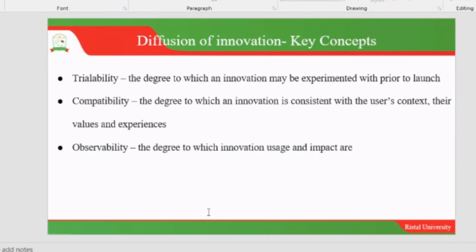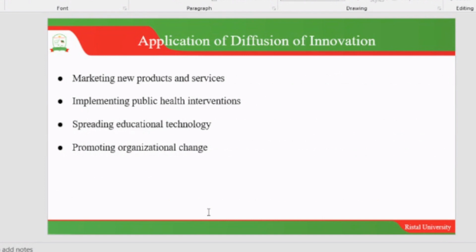You can get the necessary data that will help you to improve it before you launch it to the entire population. Then compatibility, in this case we are looking at the degree to which an innovation is consistent with the user's context, their values and experiences. Then observability, we are looking at the degree to which the innovation usage and impact are visible. Okay.